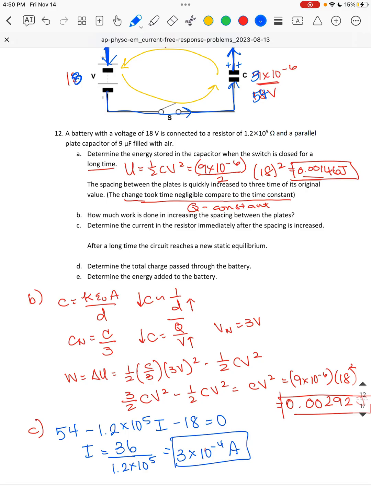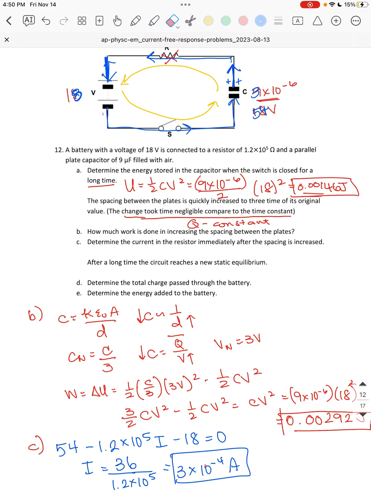All right, now it says after a long time, the circuit reaches a new static equilibrium. Okay, so I'm going to go in here and change some of these because after a long period of time, the battery, which is providing the voltage constantly, is going to eventually counteract the capacitor because the capacitor's energy only lasts for a short period of time.